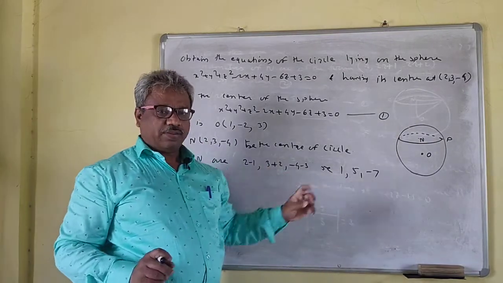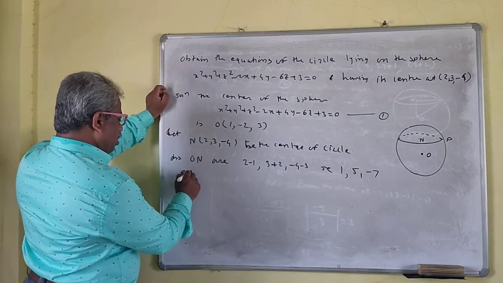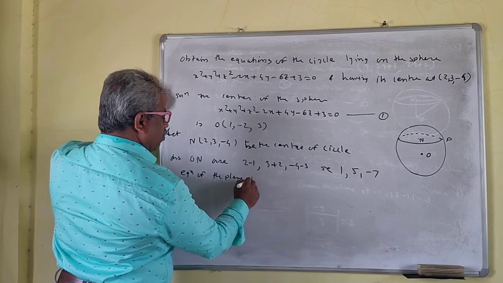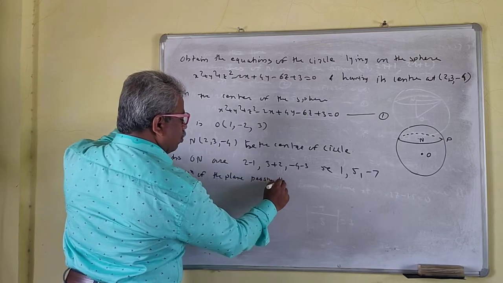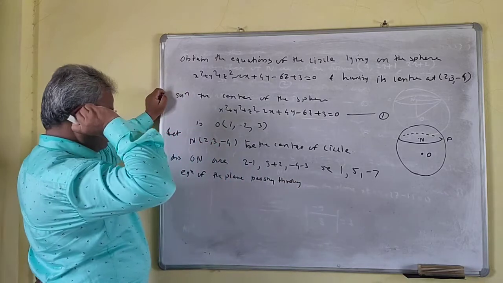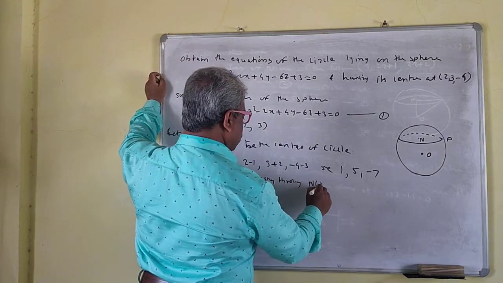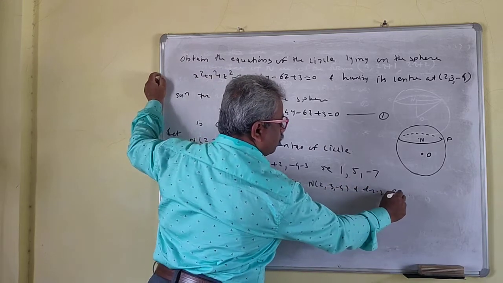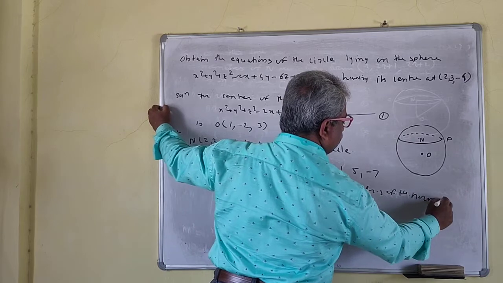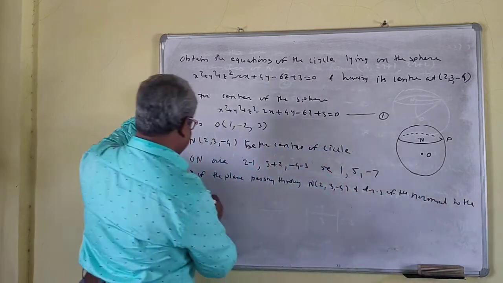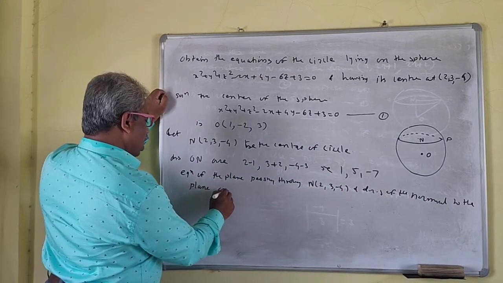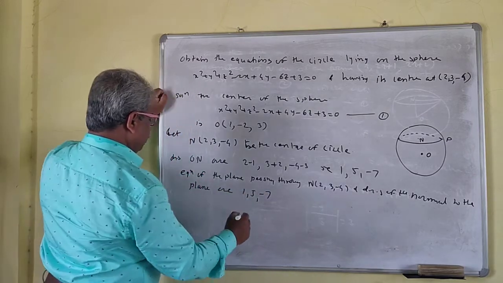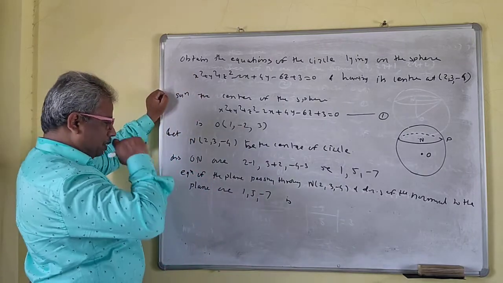These are the normal to the plane. So the equation of the plane passing through N (2, 3, minus 4) and DRs of the normal to the plane are 1, 5, minus 7. You have this point.